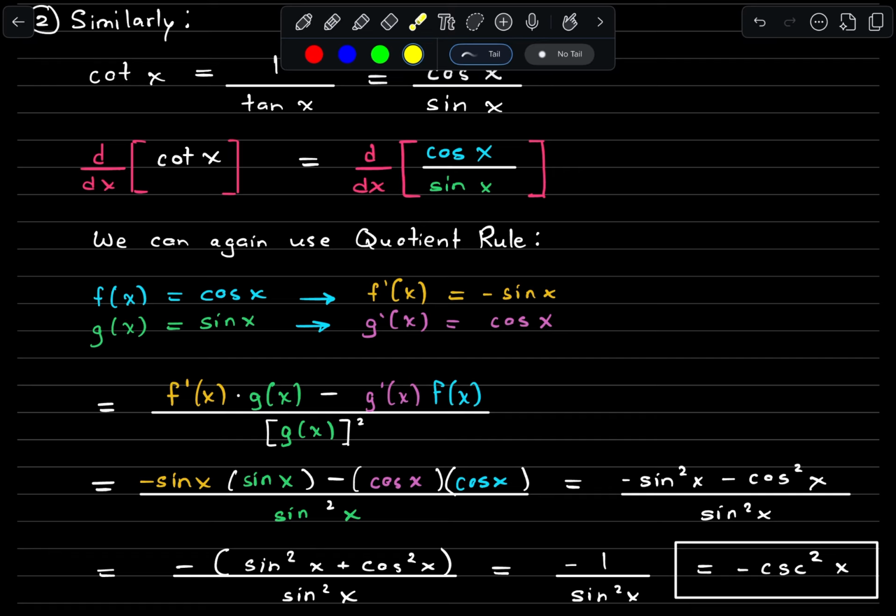Denominator stays the same. And as we had just shown in our previous example by the Pythagorean identity, this is just 1. So we're left with negative 1 over sine squared, which is going to come out to negative cosecant squared x.